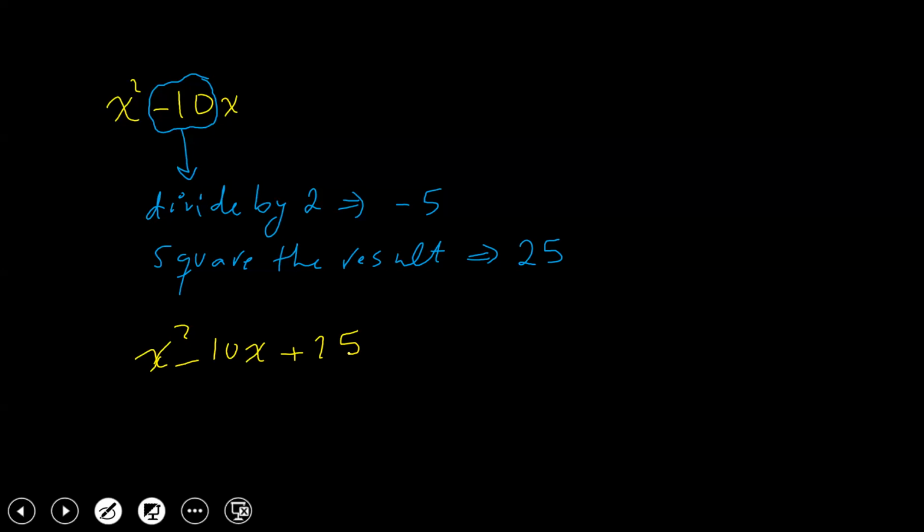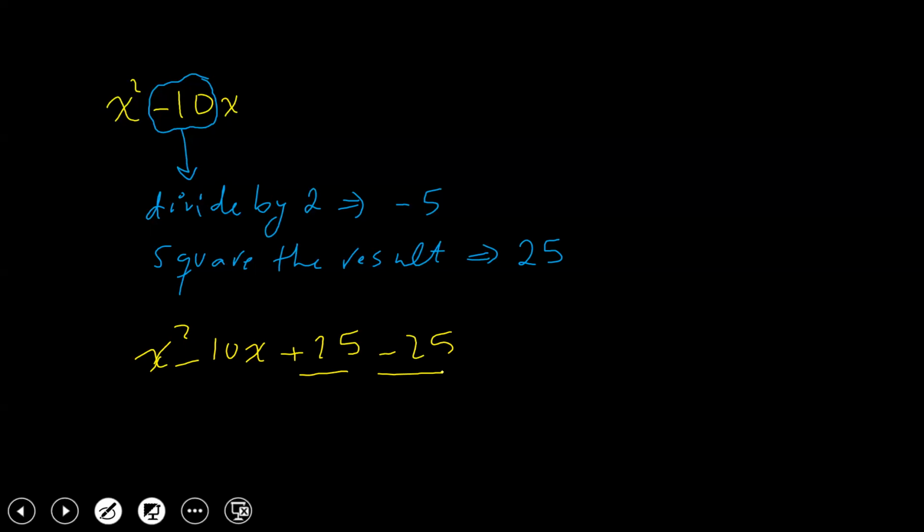But there's something we can do: we can add 25 and subtract 25. Someone might ask what we did. We added 25 and subtracted 25, this is zero, yes of course. So when we add 25 and subtract 25, this means we didn't change the value of the expression, but we are going to change the writing of the expression.